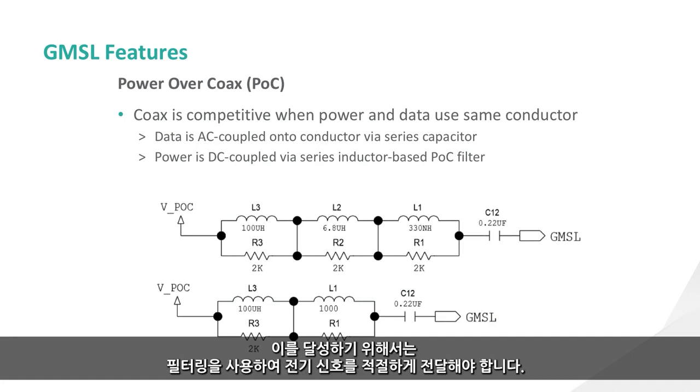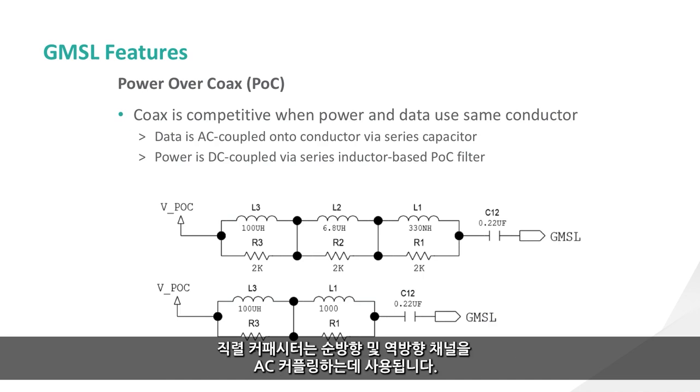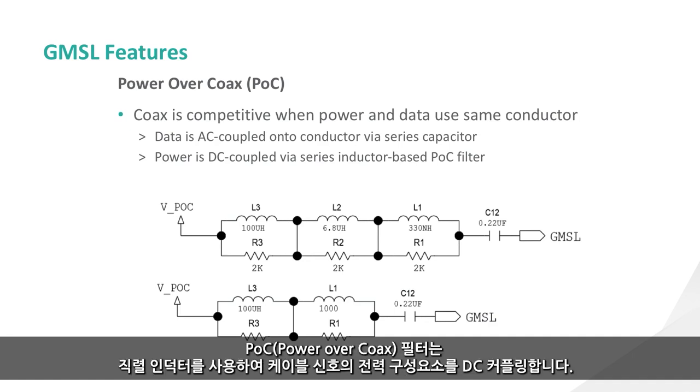To accomplish this, filtering is used to pass the electrical signals appropriately. Series capacitors are used to AC couple the forward and reverse channels. Power over coax filters use series inductors to DC couple the power component of the cable signal.